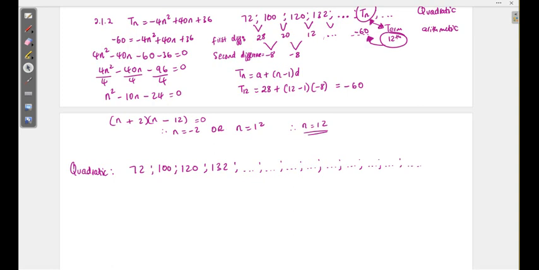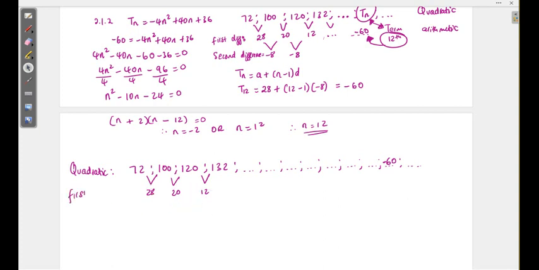But at the 12th position you actually have negative 60. While the first difference is you have 28, which is position 1, 20, which is position 2, 12, which is position 3, according to the first differences.